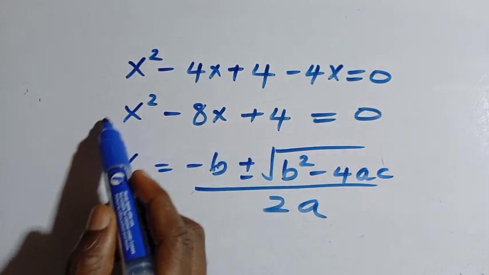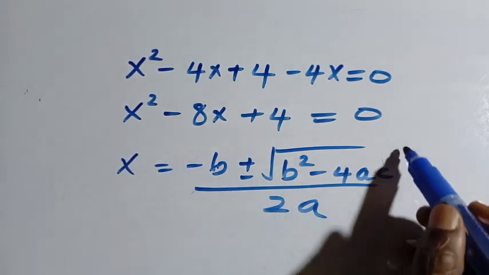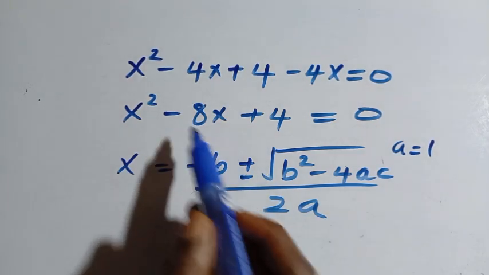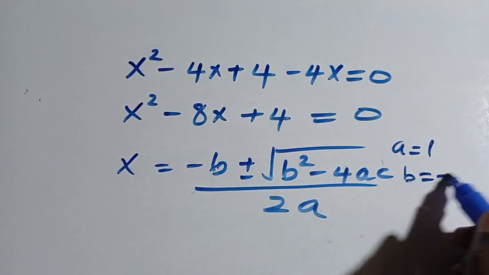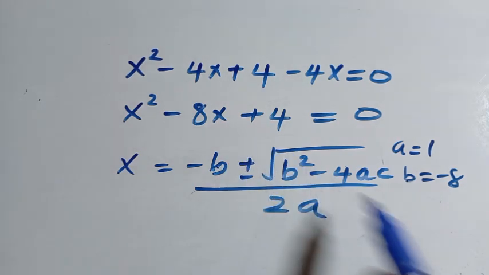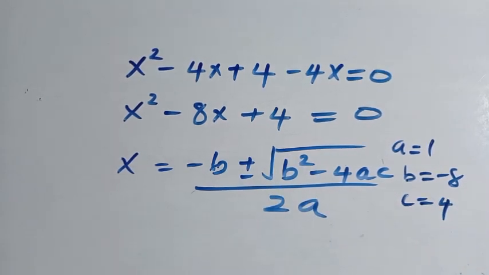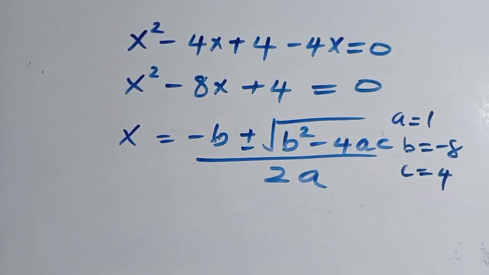Here is our a, the coefficient of x squared, and the value of it equals 1. So we have b, the coefficient of x, and the value of it equals minus 8. And c is our constant term, which is 4. So after having this, we have to plug it into this formula.